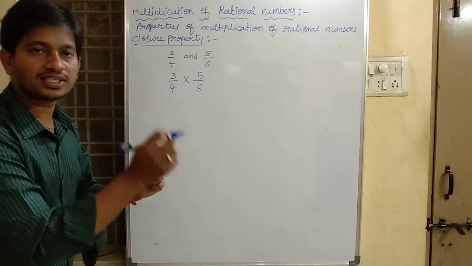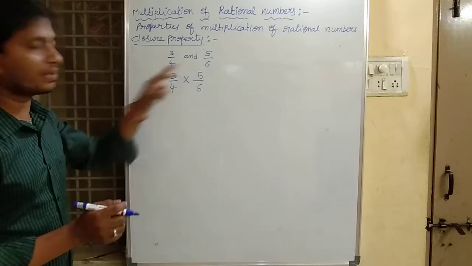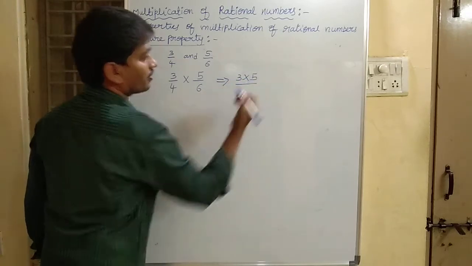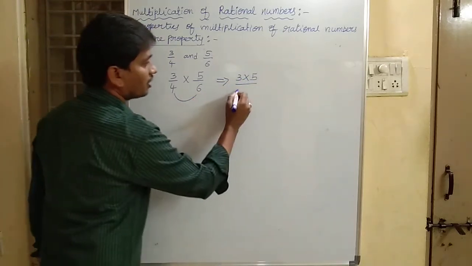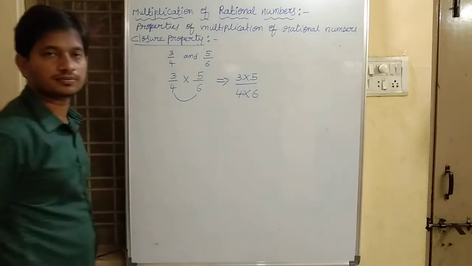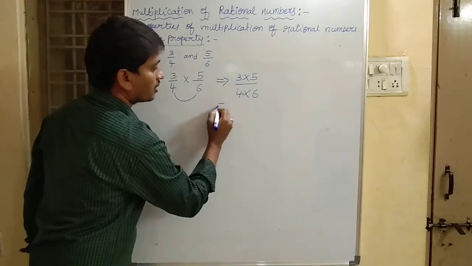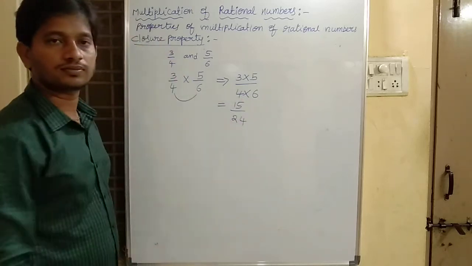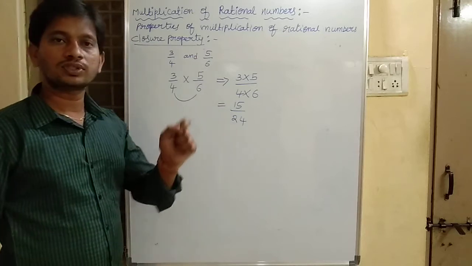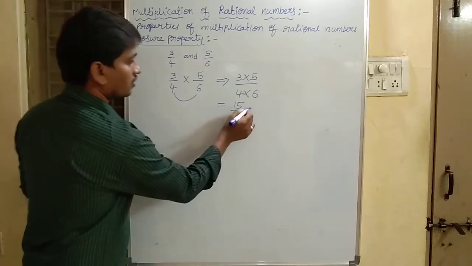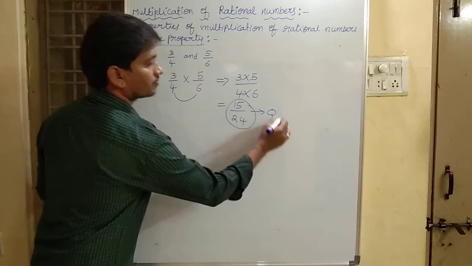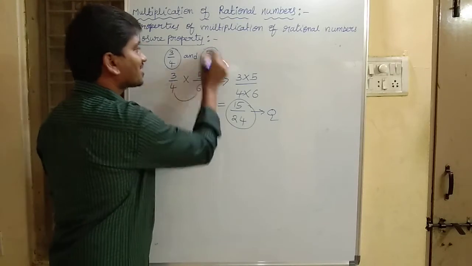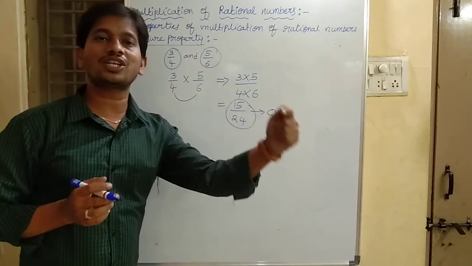Multiplication of rational numbers is equal to the product of their numerators, that is 3 into 5, by the product of their denominators, 4 into 6. So 3 5s are 15 and 4 6s are 24. See, 15 by 24, which is also a rational number. 3 by 4 is a rational number, 5 by 6 is a rational number, and the result is also a rational number.